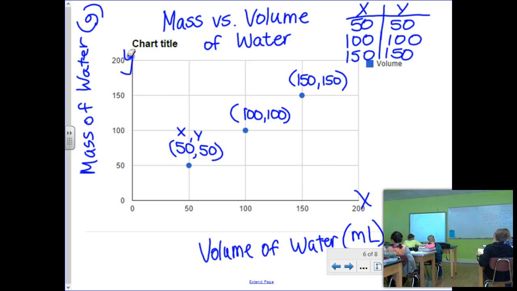So you need to know the coordinates. So what was this first one?